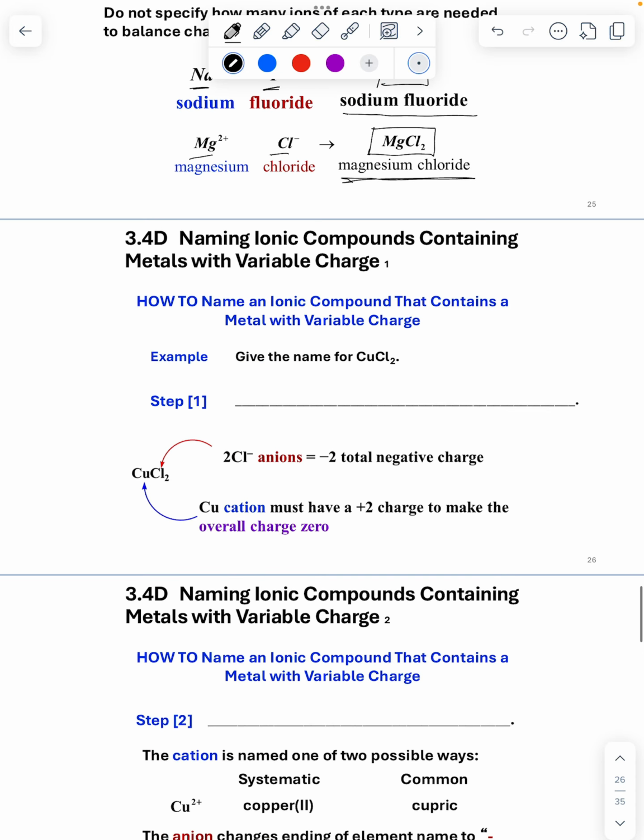Now when you look at your transition metals, the ones that have multiple charges, then you need to consider a few more things. And so our example here is CuCl2. So the first thing you want to do is to determine the charge of the cation.